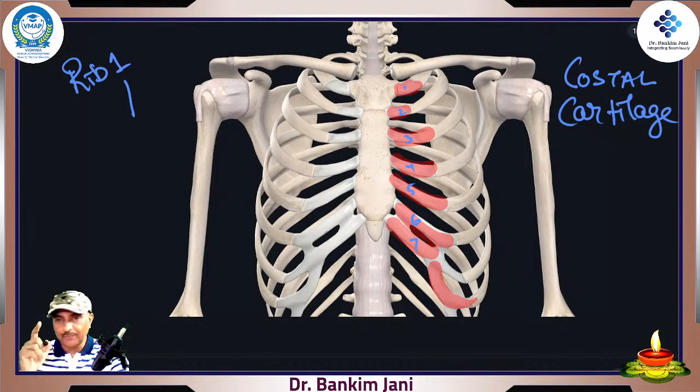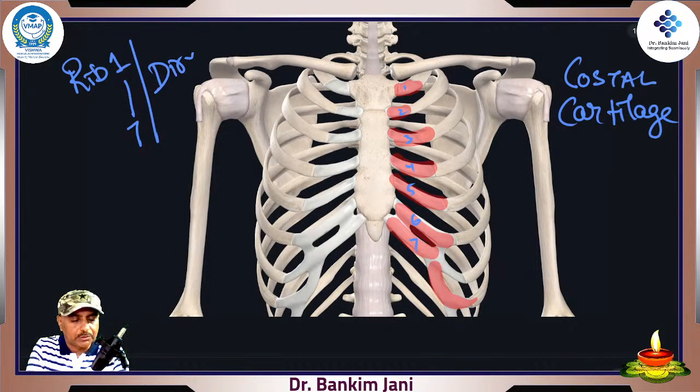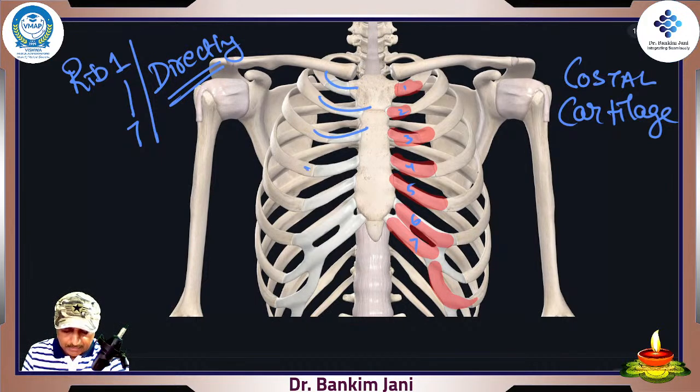The cartilage of rib 1 to 7 are directly attached to the sternum. They are directly attached. True? Rib 1 to 7 are directly attached to the manubrium.